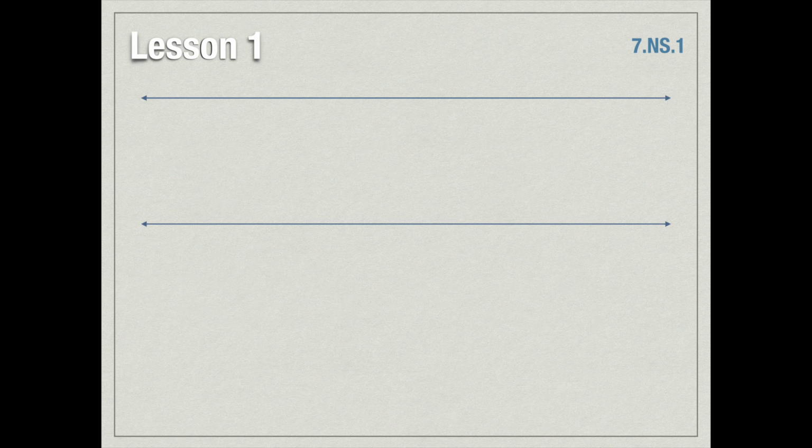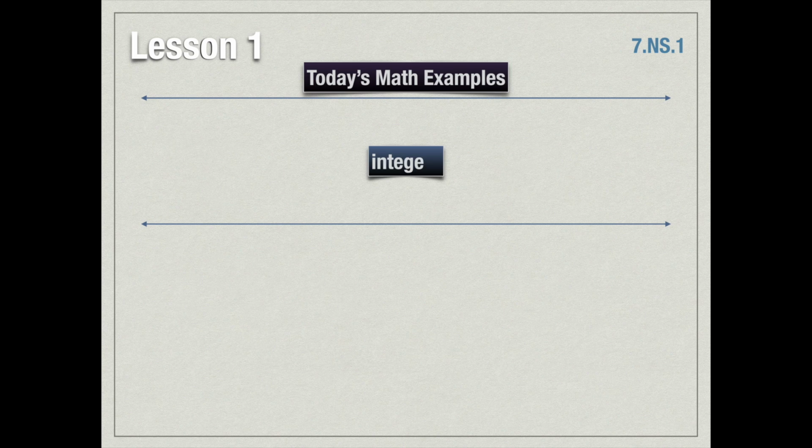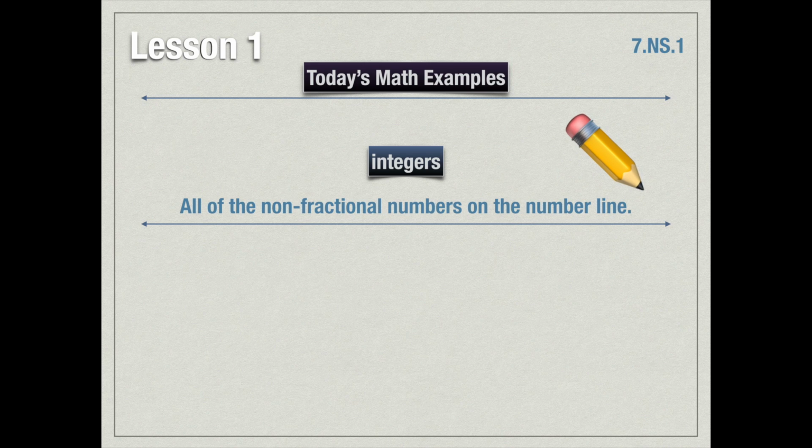Integers fit on a number line, and infinitely to the left and infinitely to the right. They can be positive or negative, and a bunch of examples of integers are popping up as we speak. Just all your positive and negative numbers that are not fractions.